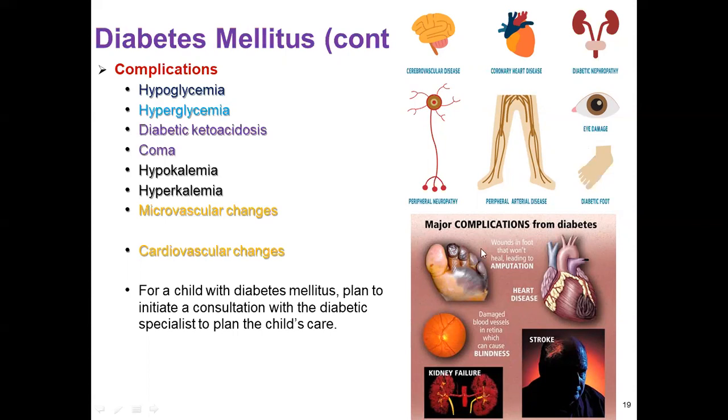So in this picture, you can see blackening, ulceration developed. If you do not treat, the patient needs to have the limb cut, we call amputation. So when you take care of a diabetic patient, foot care is important.